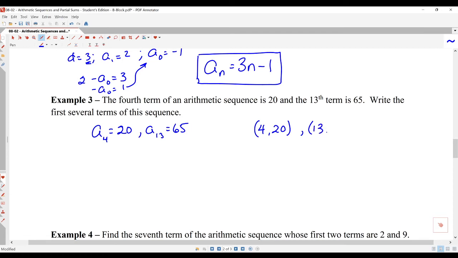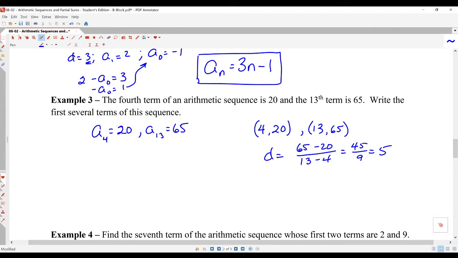My input is 13, my output is 65. Remember, d is the common difference, or the slope. We do slope by taking y2 minus y1 over x2 minus x1. So d is going to be 65 minus 20 over 13 minus 4. So I get 45 over 9, which is 5. I get a common difference of 5.